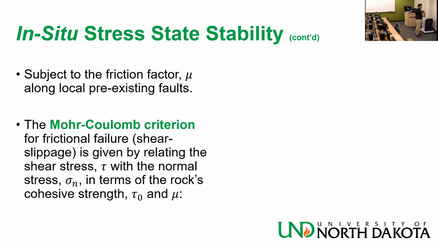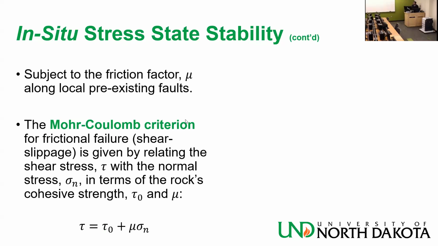It relates tau with the normal stress. Now remember, when I say tau, it's an indirect stress. You are not applying tau. You are applying sigma 1 and sigma 3. All together, those two induce tau.